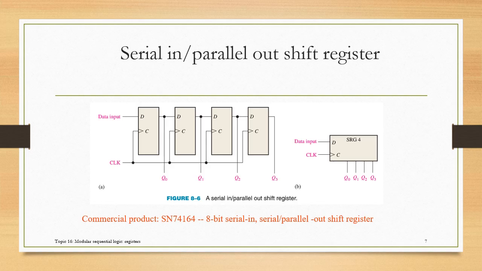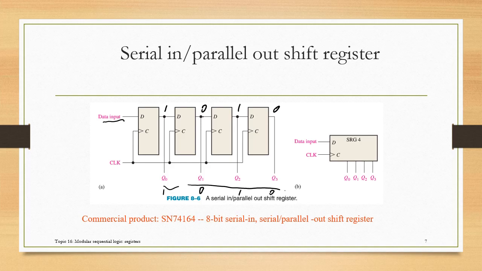If we collect the output of each flip-flop, then we have a parallel out shift register. In this case, we have serial data in, parallel data out, which means when reading the data out, for example, if we store the 1010 here, this time we can directly read the data out.